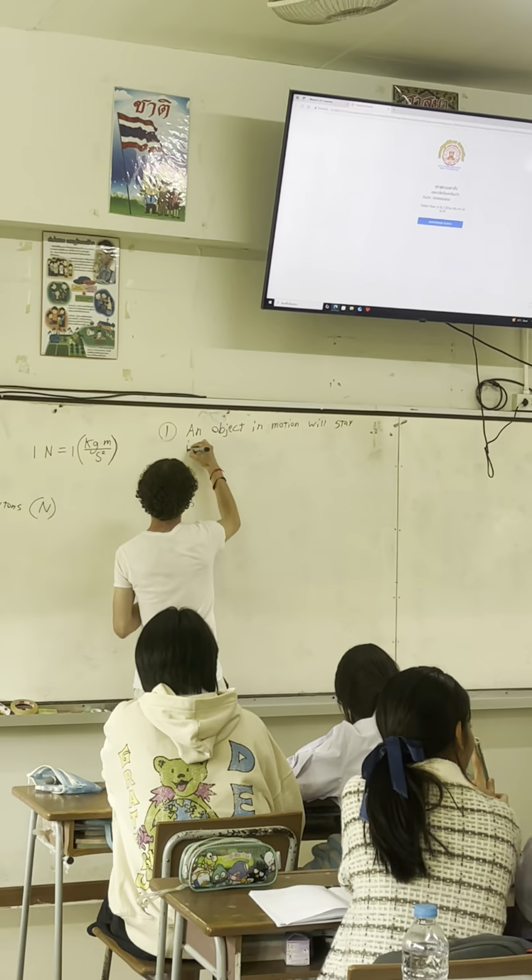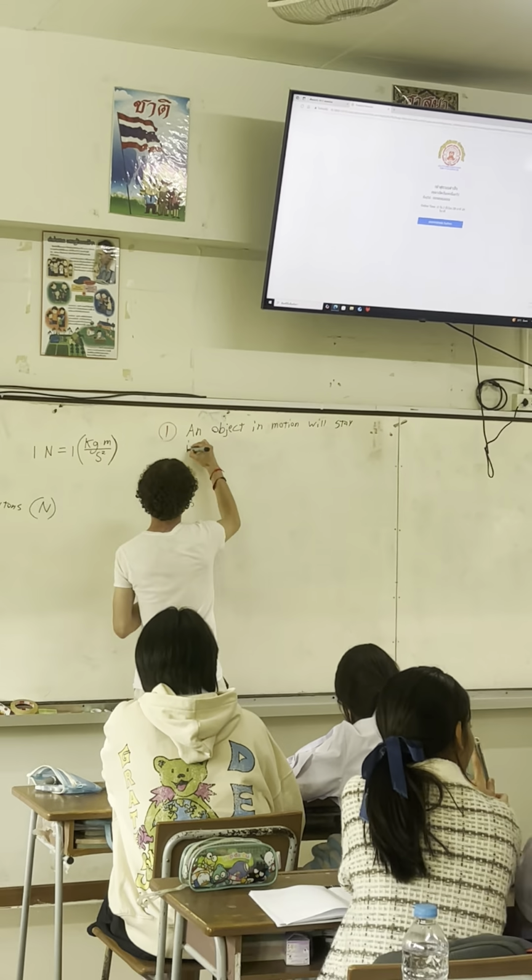This is what's called a free body diagram. We have a force due to gravity. Force due to gravity is F sub G. We have an opposing, equal and opposite normal force.